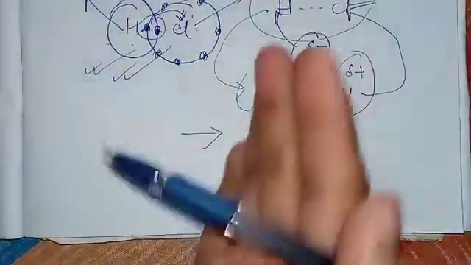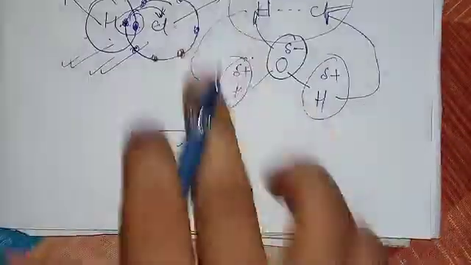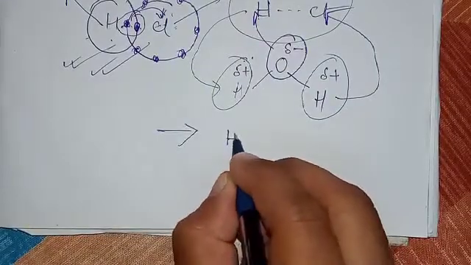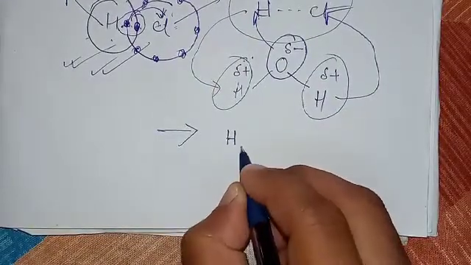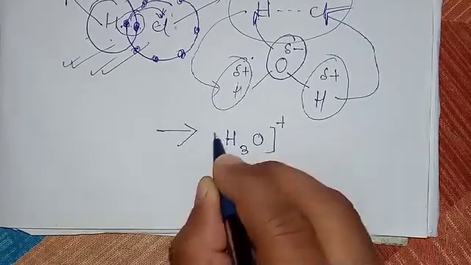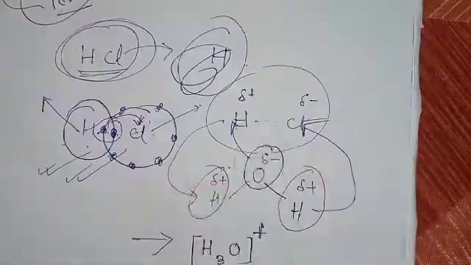If the covalent bond is broken, this proton, that is H plus, will move towards the water molecule, and it will make the water molecule a hydronium ion. You know hydronium ion, we studied this in chapter 2.